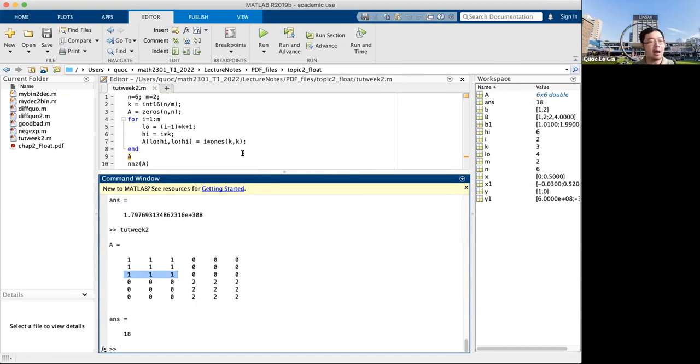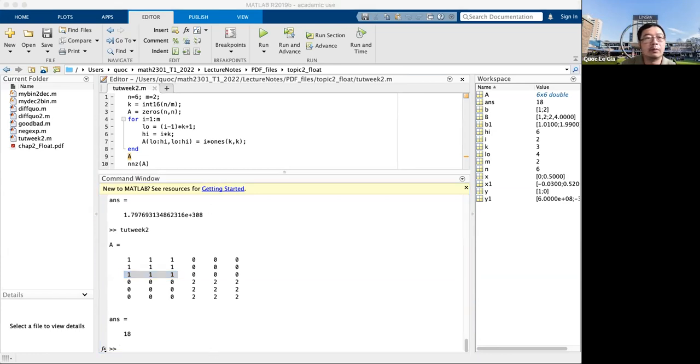So now if you change to n is 10,000 and m is 10, how many gigabytes do you need to store the matrix A?